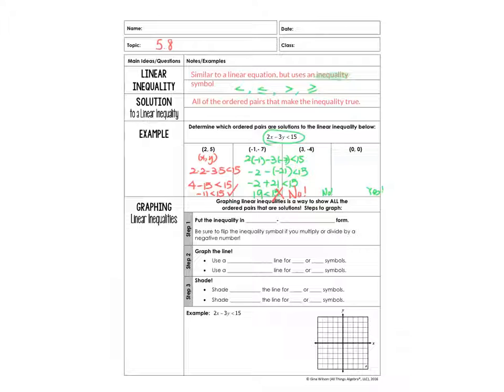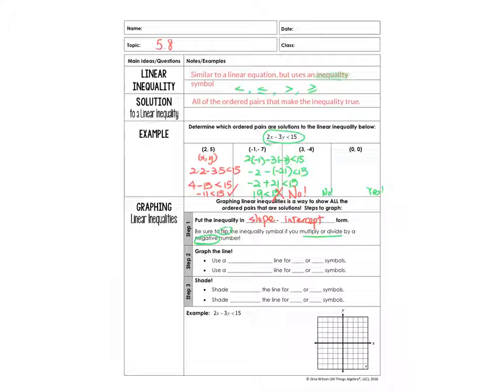So first of all, we still have to put the inequality into slope intercept form. And just be careful that you have to flip the inequality sign if you multiply or divide by a negative number, and I'm sure we'll come across that.